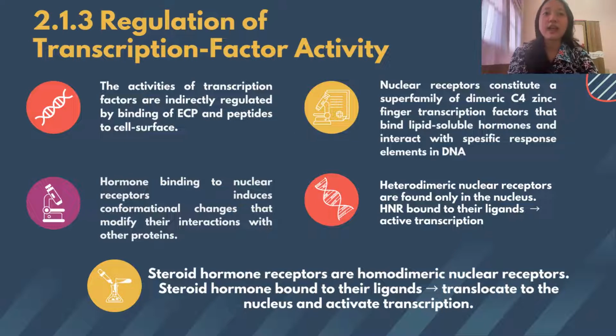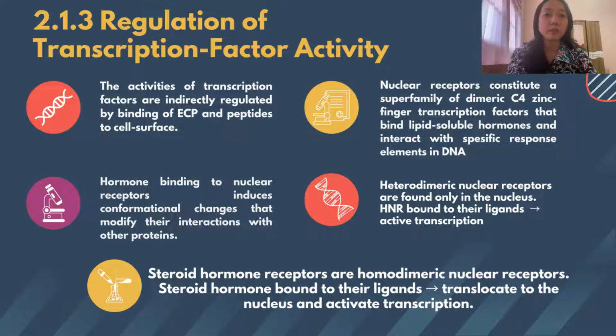These receptors activate intracellular signal transduction pathways that regulate specific transcription factors. Nuclear receptors constitute a superfamily of dimeric Cys4 zinc finger transcription factors that bind lipid-soluble hormones and interact with specific response elements in DNA. Hormone binding to nuclear receptors induces a conformational change that modifies their interaction with other proteins.